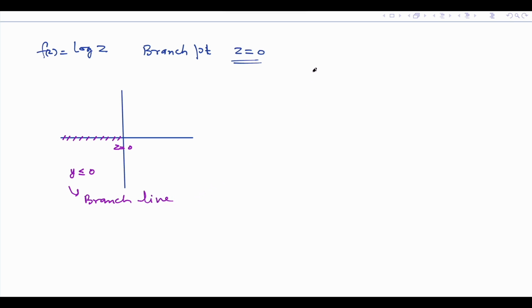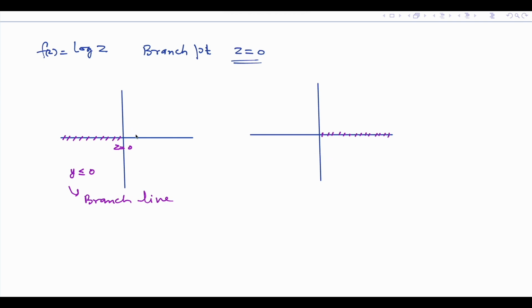Now you can also define the branch line depending upon our need. Suppose you have this, now you can also choose the branch here. This is also the branch line.